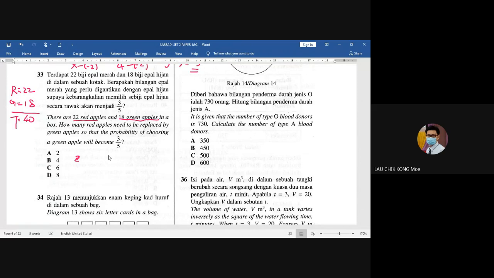So we try to find the number of green apples. The number is 3/5 probability times the total 40. So this is 24. So it means that the green should be 24, but now green is only 18, right?